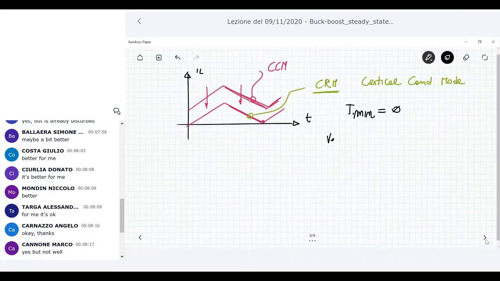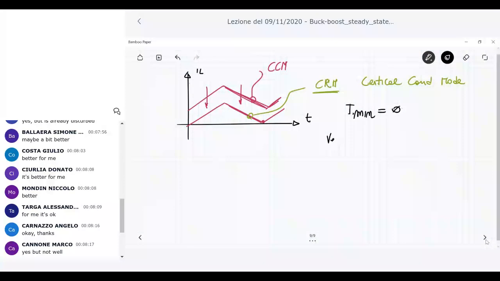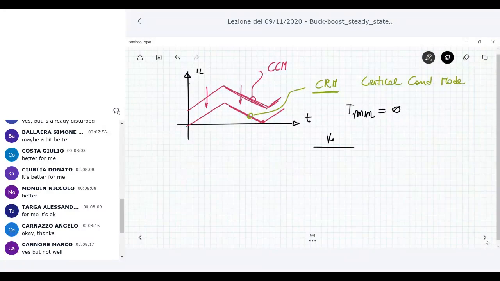So that means V naught over R times 1 over D minus 1, plus V naught times 1 minus D divided by 2 L fs is null.